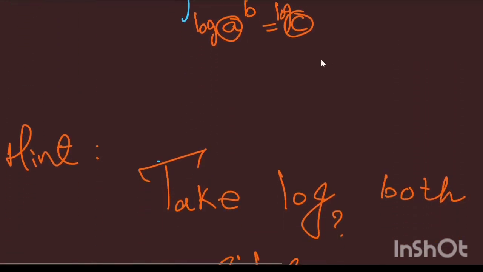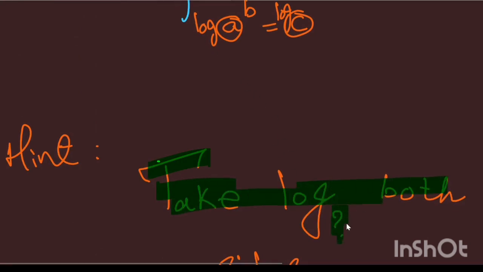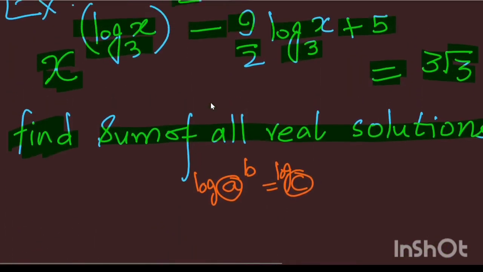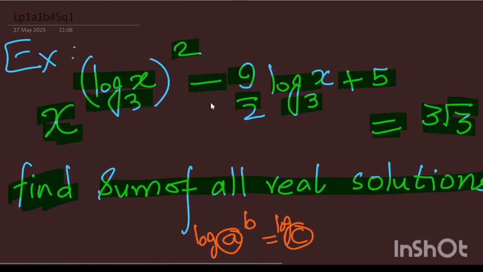Taking log both sides, guys. That's how we will approach this. Now this question arises, what is the base that we should take? So as you can see here, the base they have given is 3 only. In this question, the base is 3.